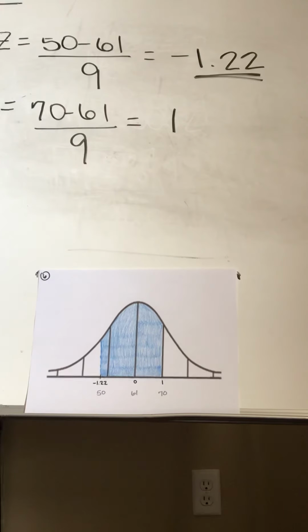They're not on the same side. If you were looking for pieces on the same side and you had a gap, you would subtract. That's what we did on the first two IQ problems. But this one, you're on both sides of 0. So you add them together. But this would be a portion between mean and z problem as well.